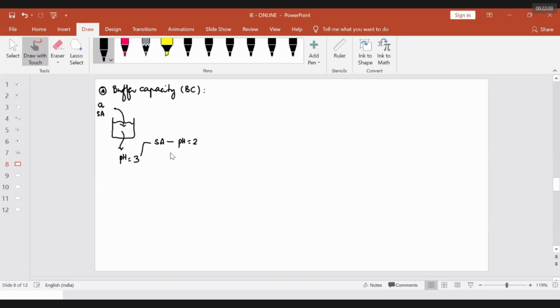Then we have to stop and say, listen carefully: the number of moles of strong acid added per liter of buffer solution to change its pH by 1 unit.